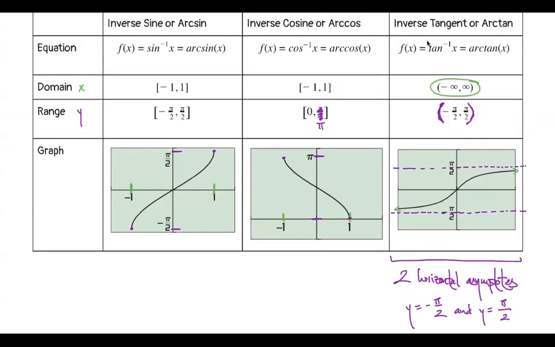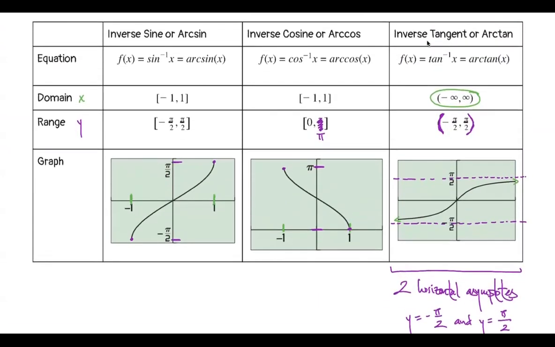In particular, the range for inverse sine is from negative pi over 2 to pi over 2. The range for inverse cosine is 0 to pi. And the range for inverse tangent looks almost the same as inverse sine, except it does not have brackets, rather it has parentheses.